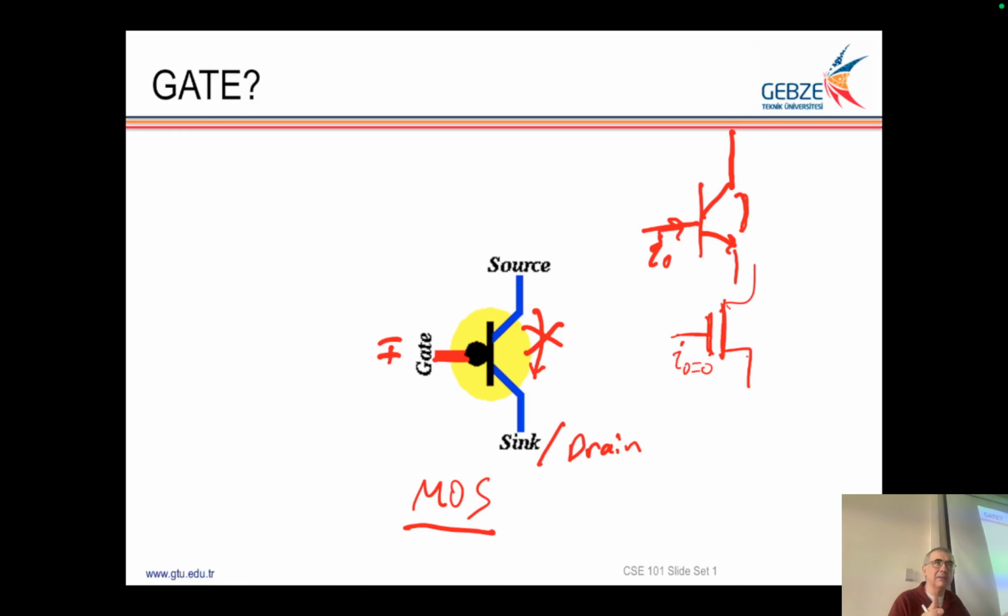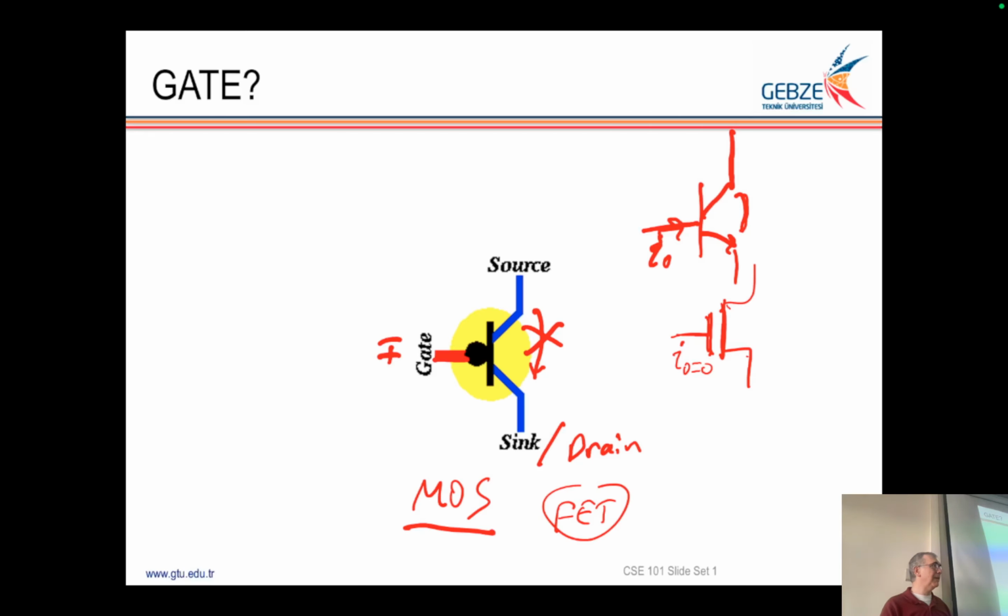Generally, they are transistors, but metal oxide transistors, field effect transistors, FET, they don't have current flowing from the gate. So it is only voltage, which is kind of better for logic circuits because current means more heat, more energy dissipation.